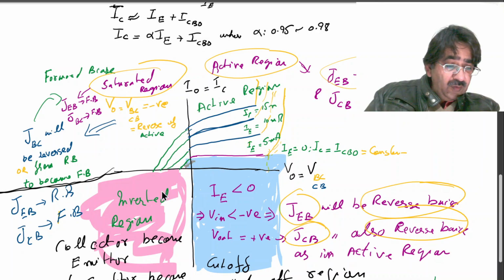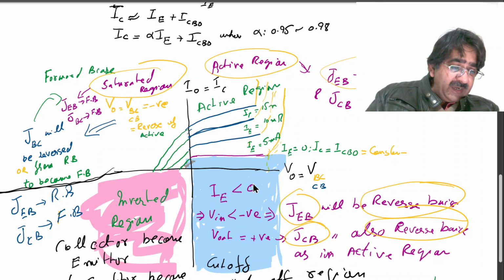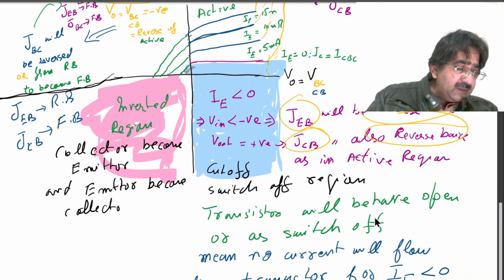But for this region, when IE is zero, JEB will also be reverse biased, because it is inverted and negative. And why is this inverted?